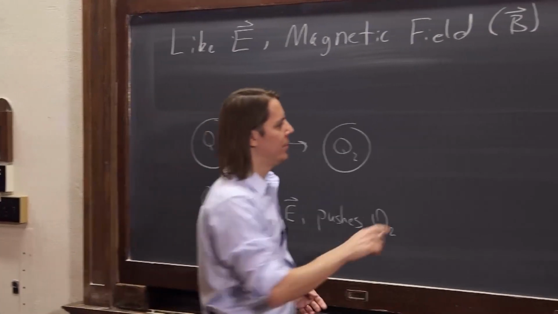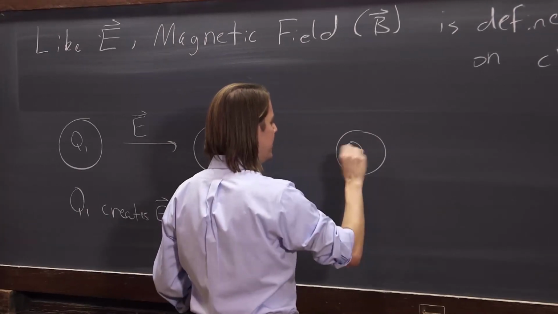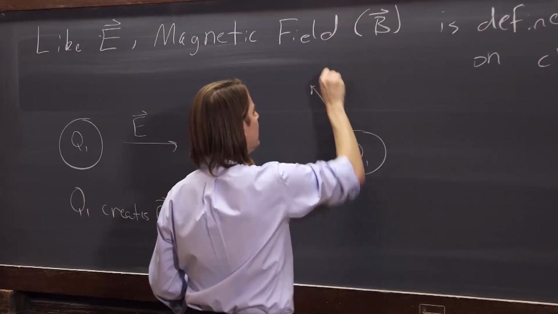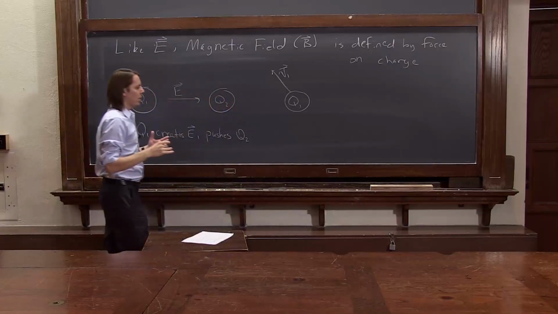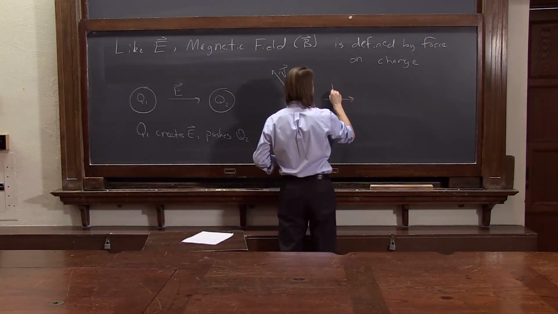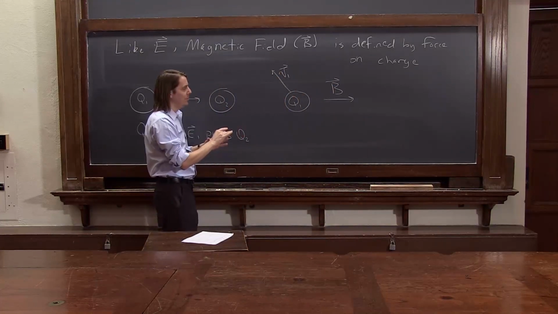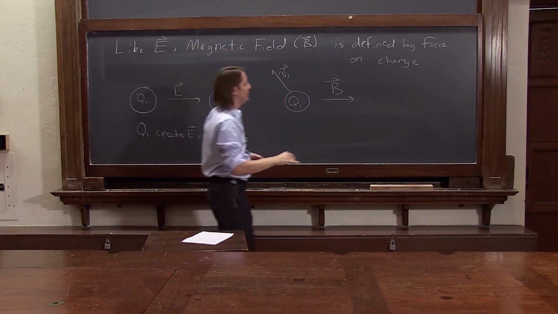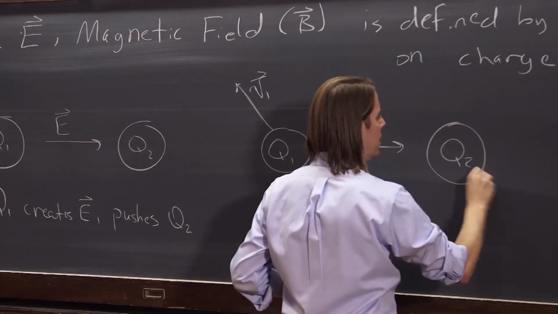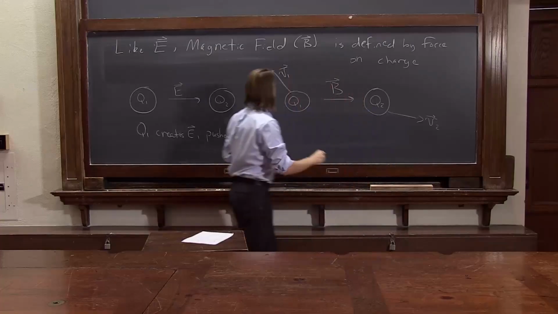Magnetic field, here's how it's different. For the magnetic field, at this level, the only difference is it's moving. A moving charge creates a magnetic field, and this is just a schematic, that's not necessarily the direction that the magnetic field would be. It creates some magnetic field that pushes a moving charge.